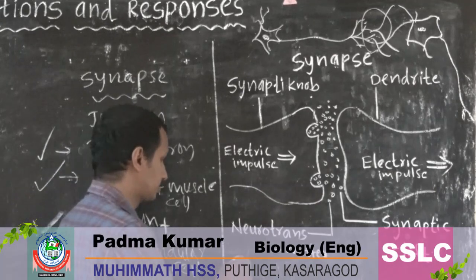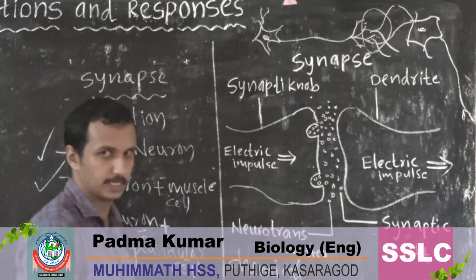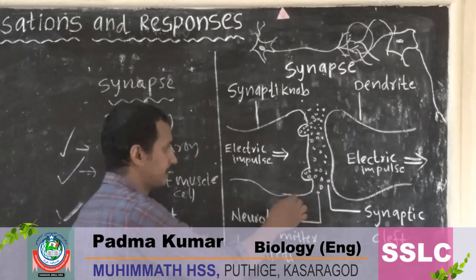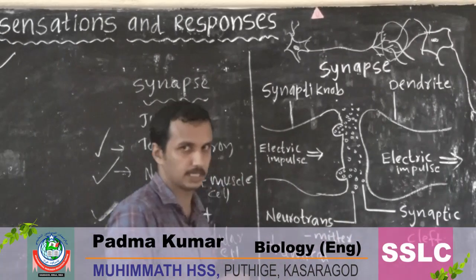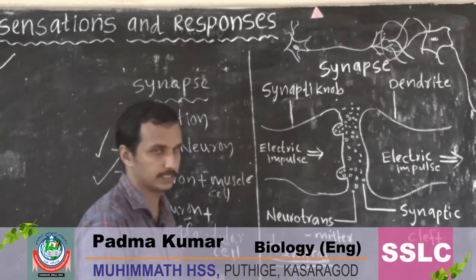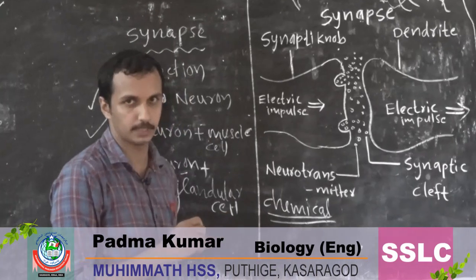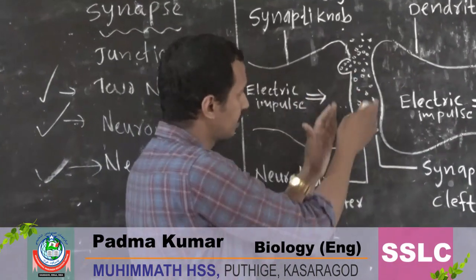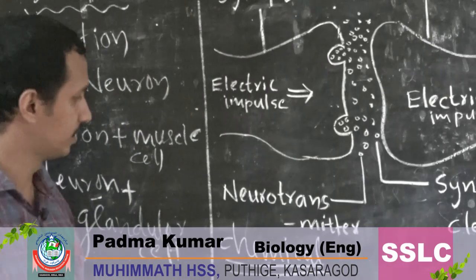Neurotransmitters are chemical substances that are released into the synaptic cleft. What is the synaptic cleft? There is a gap between these two regions, that is called the synaptic cleft.